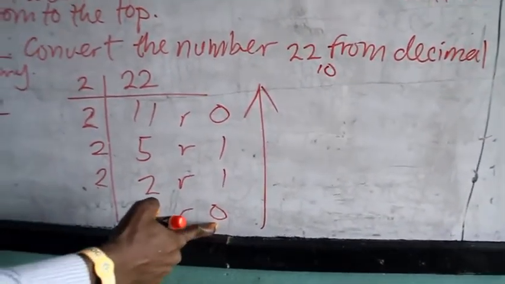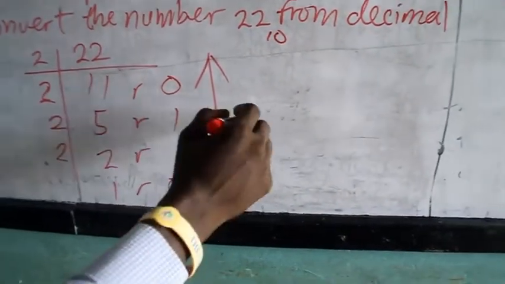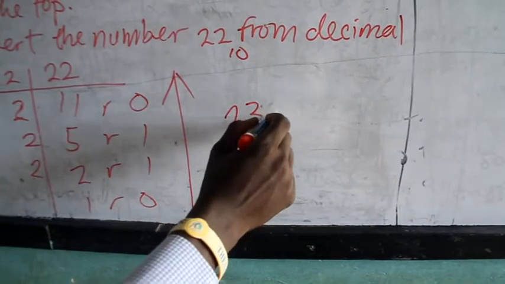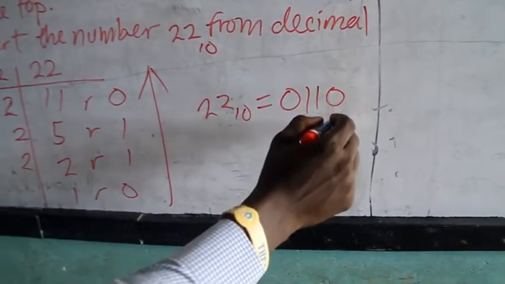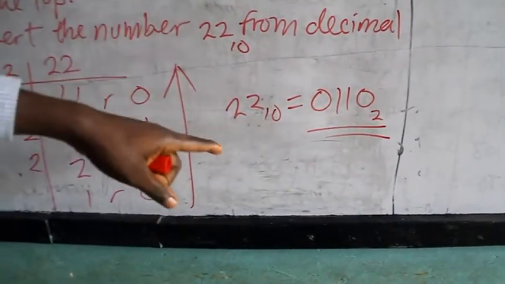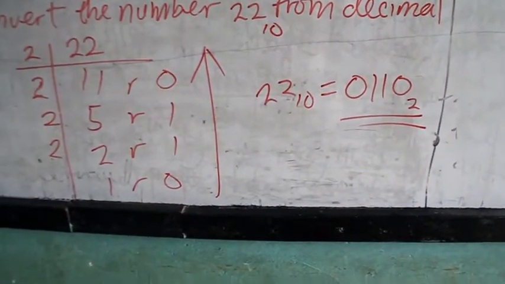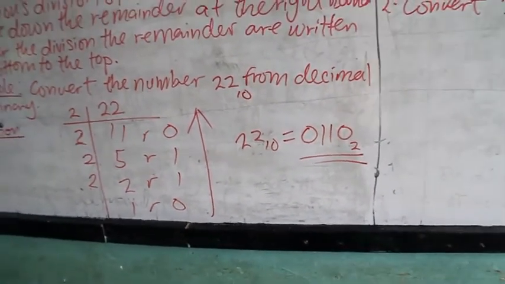The number we have is 1, 0, 1, 1, 0. So we can say 22 in base 10 equals 10110 in base 2, which means we have converted this to binary. I hope you understand. So that's how that one goes.